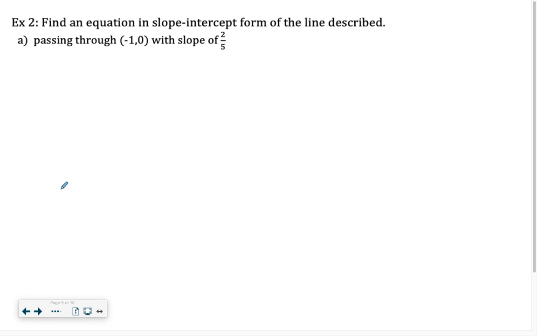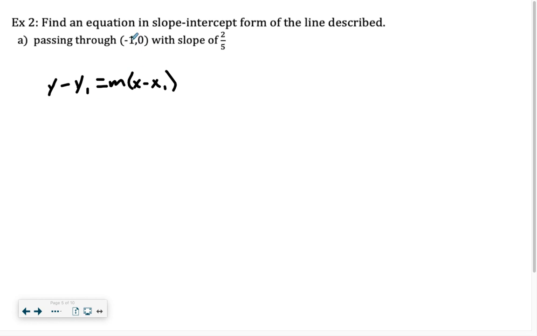First one, let's write an equation in slope-intercept form of a line that goes through the point -1, 0 with a slope of 2 over 5. Whenever we're given a point and we are given a slope, we probably want to use point slope. So point slope is y minus y1 equals m times x minus x1.